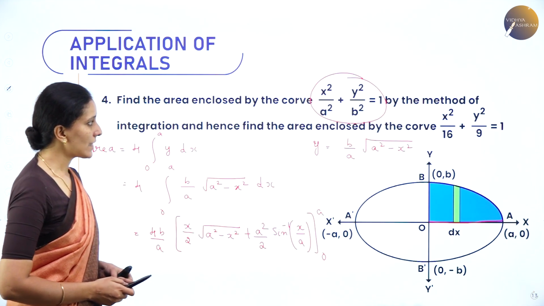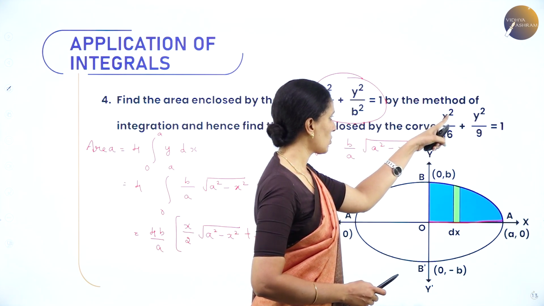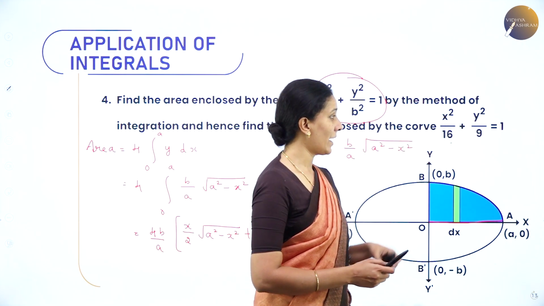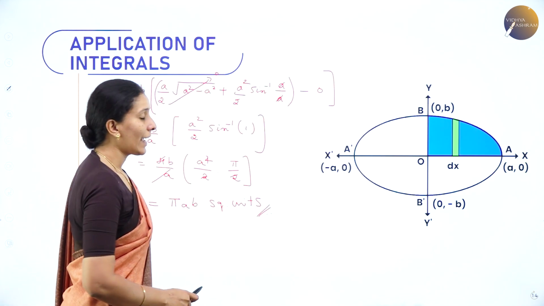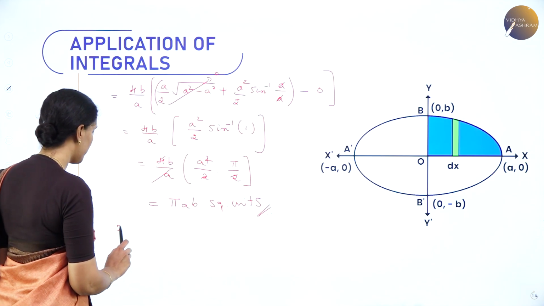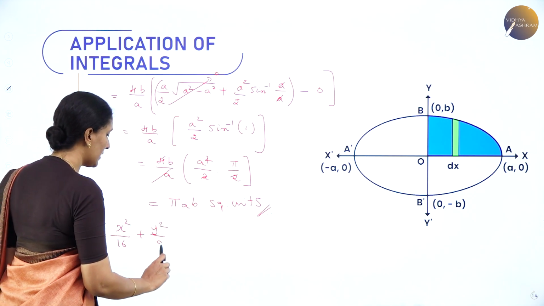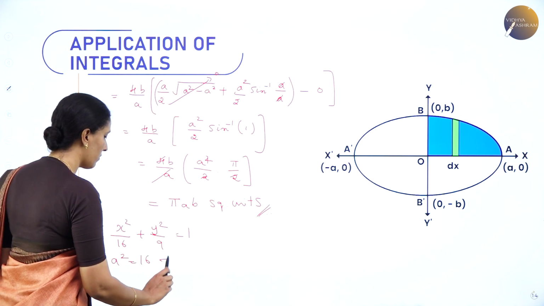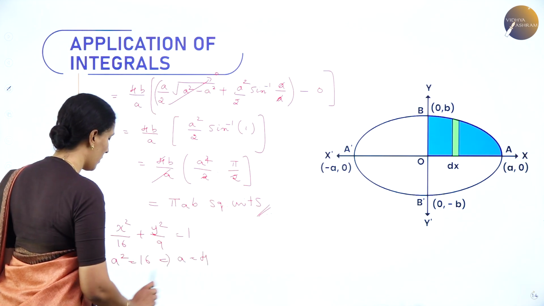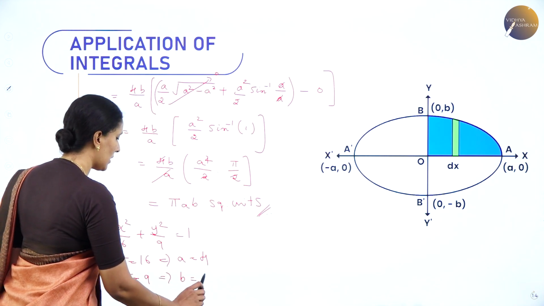Now they have also asked an additional question. What is the area of this curve? x square by 16 plus y square by 9 is equal to 1. So when we take x square by 16 plus y square by 9 is equal to 1, this implies a square is equal to 16, which implies a is equal to 4, and b square is equal to 9, which implies b is equal to 3.